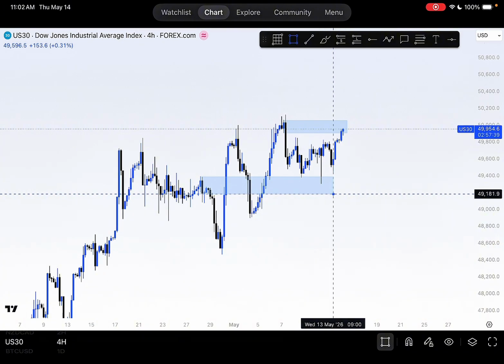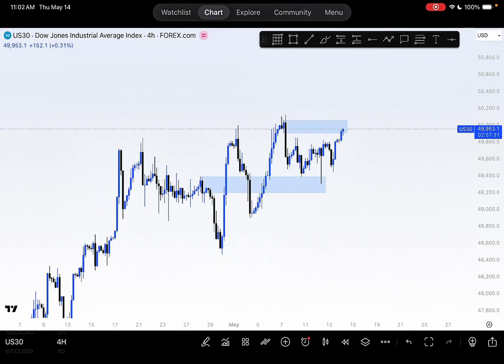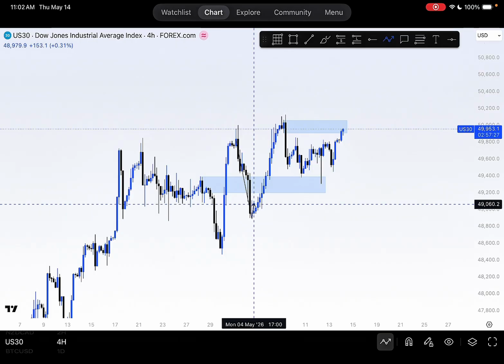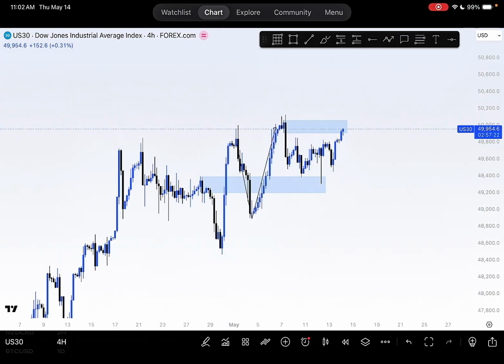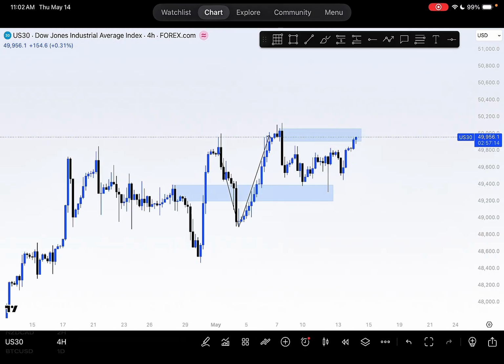Although it has been mitigated, we can still use it since the market has not used it. The market came down here aggressively, passed, came up. So that zone has been mitigated but has not been used, so you can still use that zone. So these are the 2 zones we have for this particular trade.